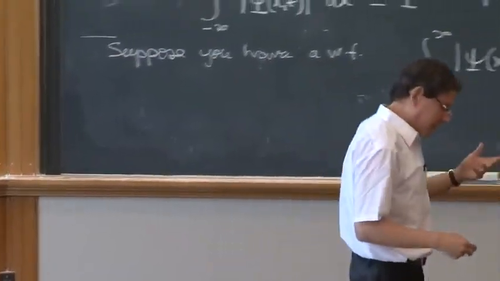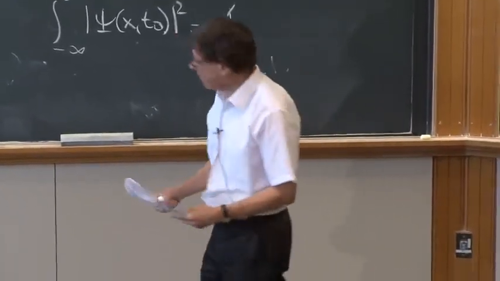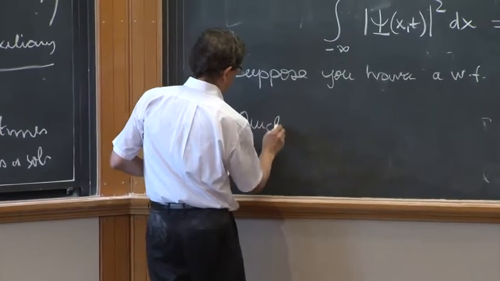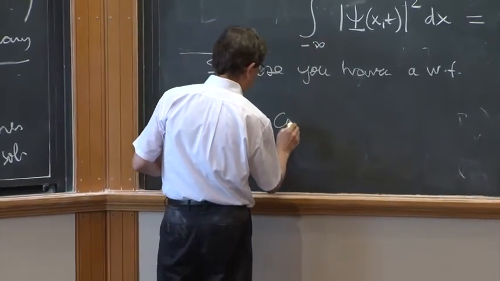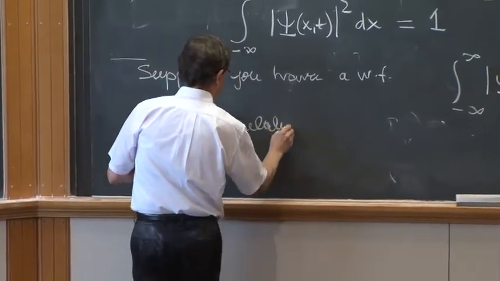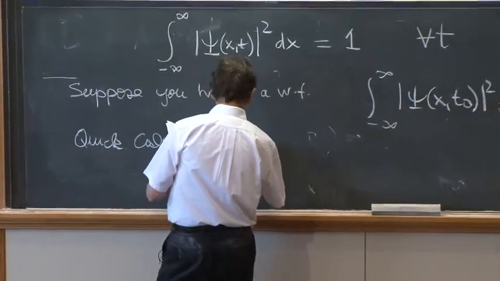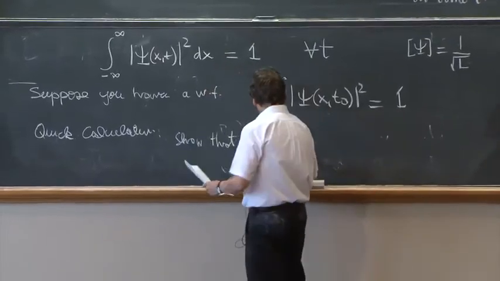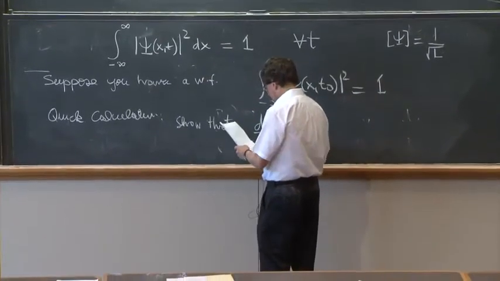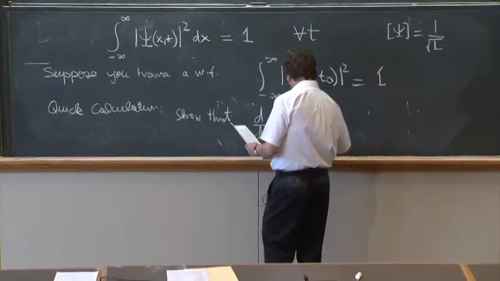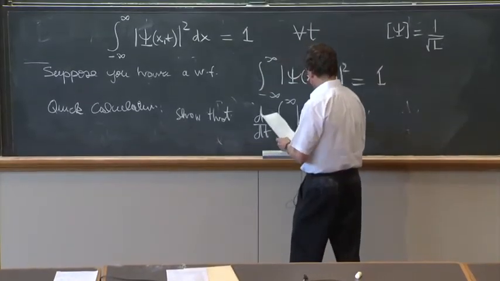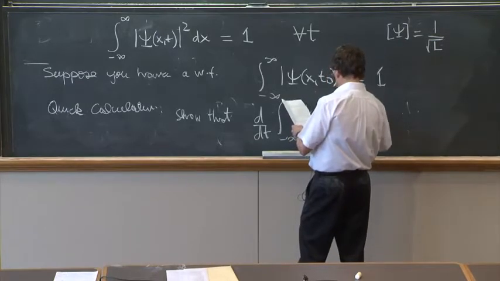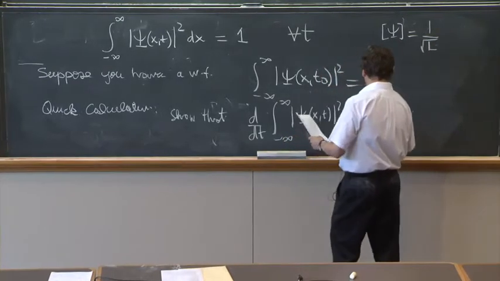And it's a simple or interesting exercise, a quick calculation that I'll leave for you to do. Show that d/dt of this integral of |psi(x,t)|^2 dx is equal to 0.